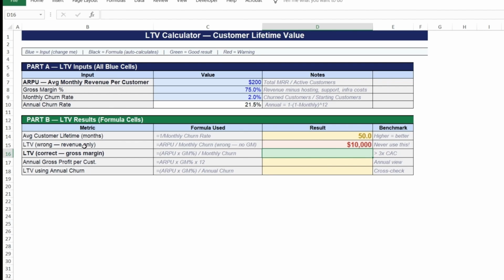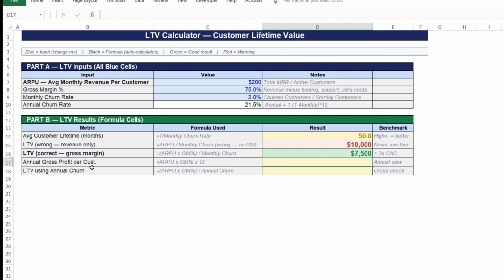Why? Because we are only taking revenue. We are not taking into consideration our gross profit. So we calculate it again. We take our ARPU, multiply by our gross margin, and then divide it by our monthly churn rate, which comes out to be 7500.